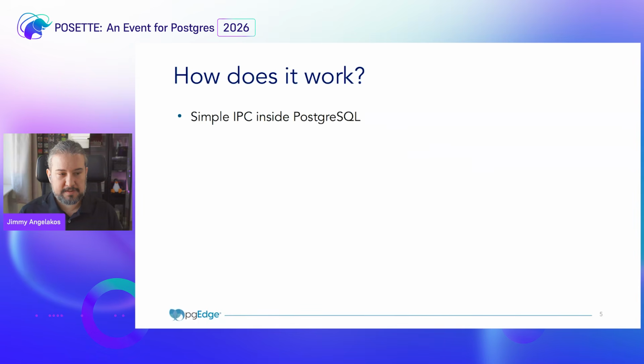Internally, it's simple inter-process communication. Postgres, after all, is a multi-process system, and the pattern for listen notify is publisher and subscriber. So you just do it the other way around. You start listening as the subscriber, and then you send the notifications as the publisher.